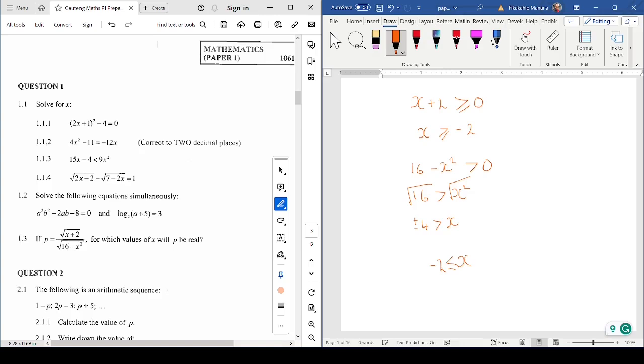And then x here has to be less than, let's take the +4 one, because if I take -4, then it's on the other side of -2, which is not true. So x is less than +4. That's my final answer.